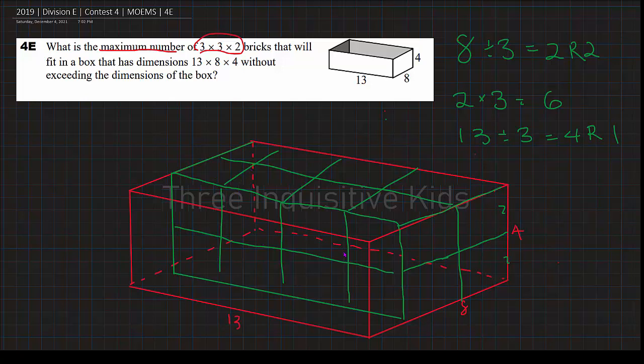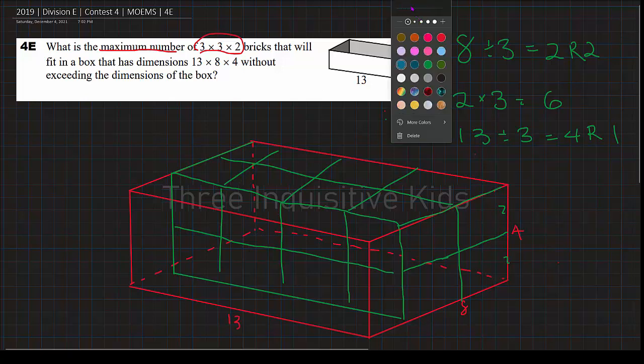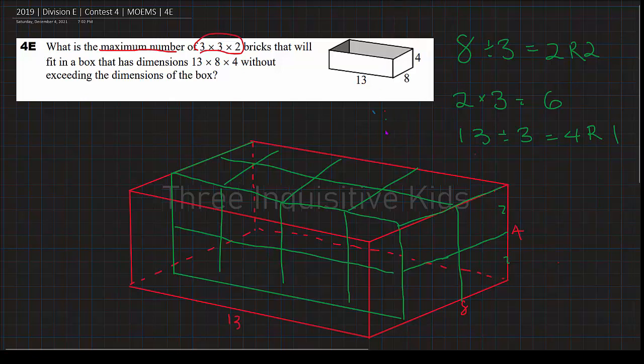Okay, we have that, but we still have this empty space over here. Don't forget about that. Can we fit any extras over here? To answer that question, I'm going to turn to blue. Over here, what is the remainder? 2.